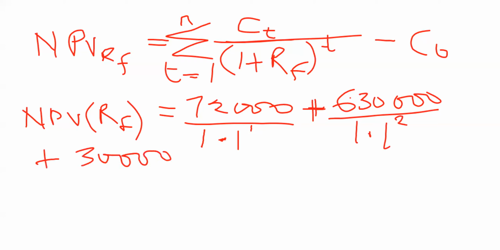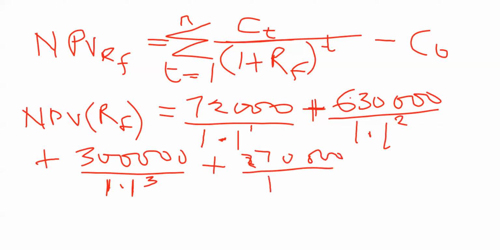Good, I remember that one. All over 1.1, year 3, plus the last one is 270, right? Yes. All over 1.1 all raised to power 4, minus C0, which is 1.5 million, right? Yes, sir.